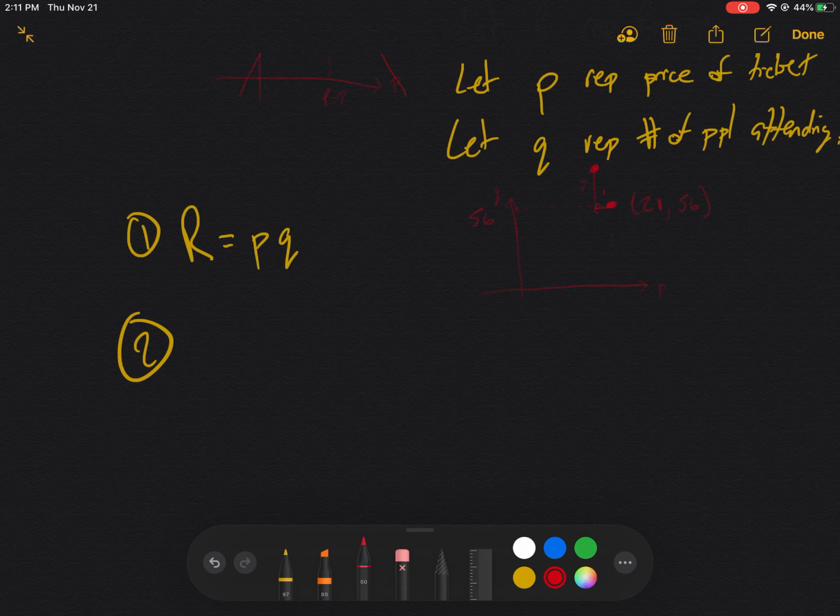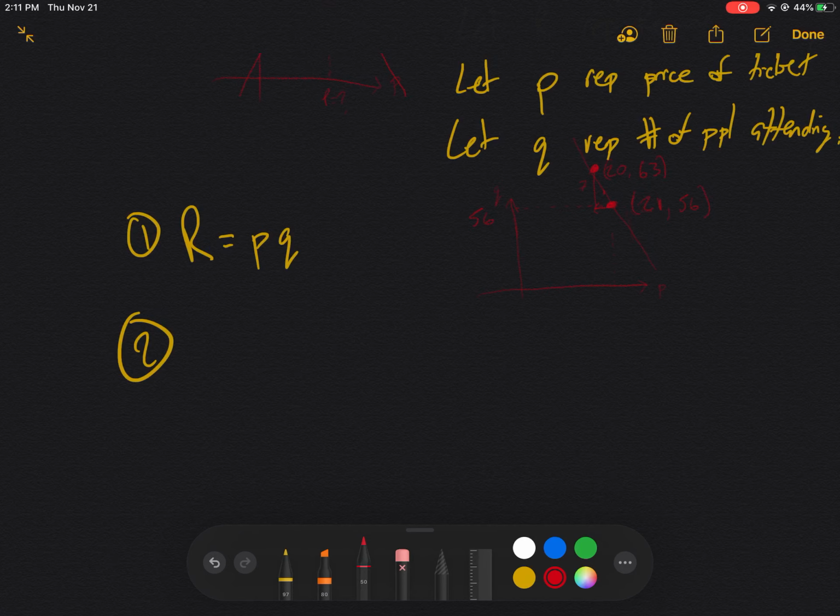So this point is 20, and how many more people come? 56 plus 7? That's 63. Yes, 63 people. Do you see that? So now we have a slope. Basically, it's a linear relationship. If I increase the price by 1, 7 less people will come.